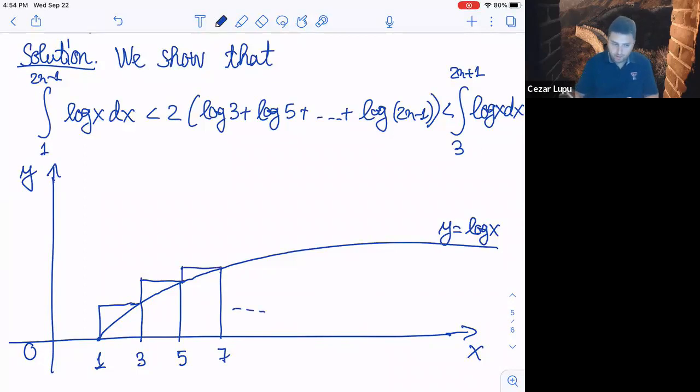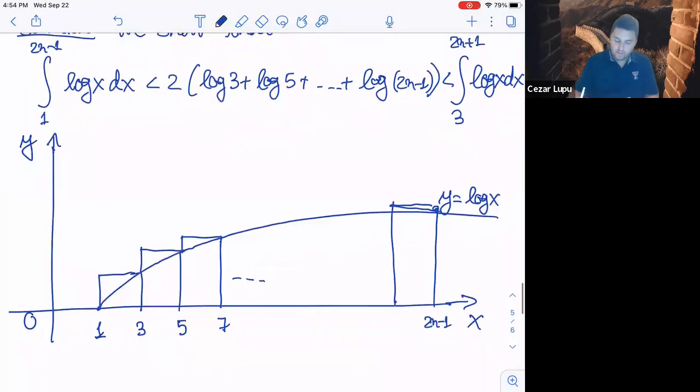And at some point I'll have a rectangle here, something like that. So here I have 2n minus 1, and here, let's say, I have 2n plus 1.